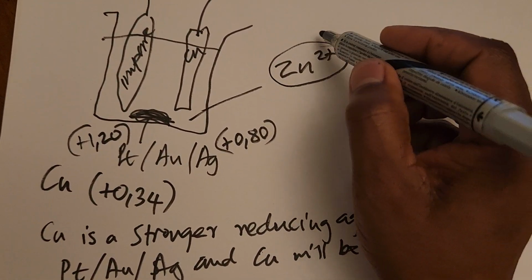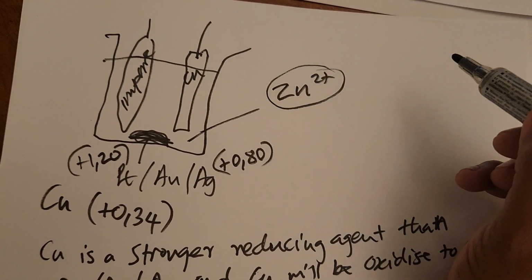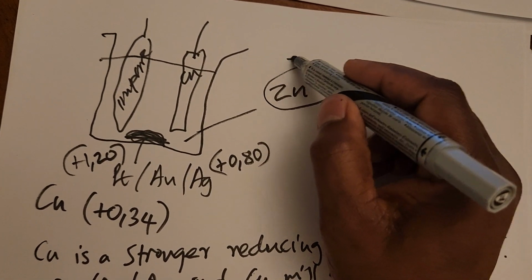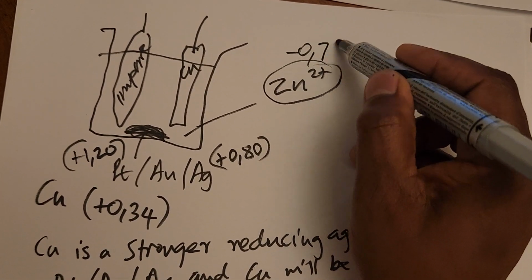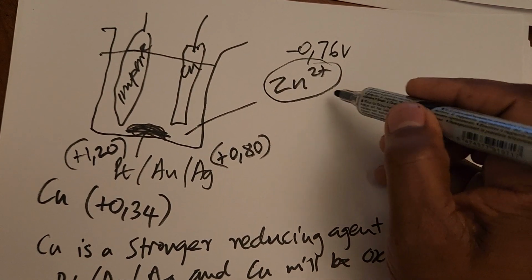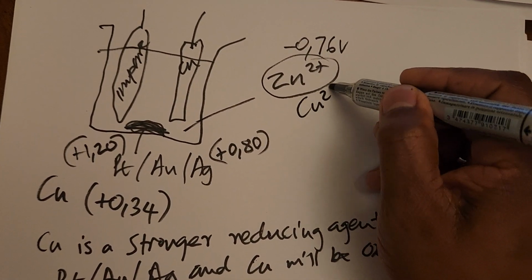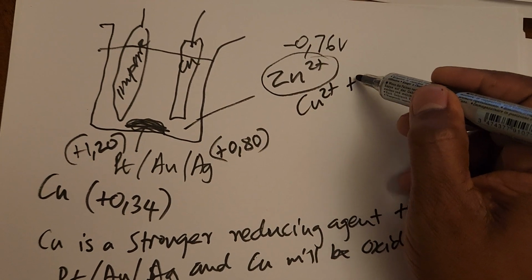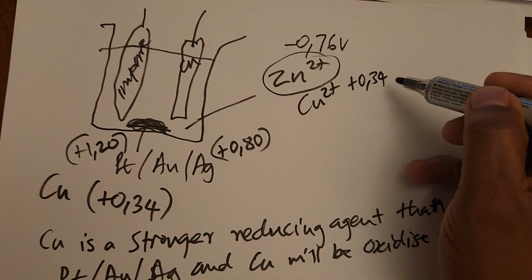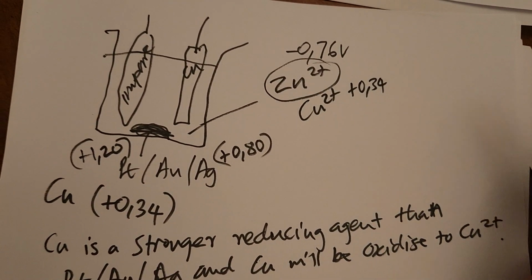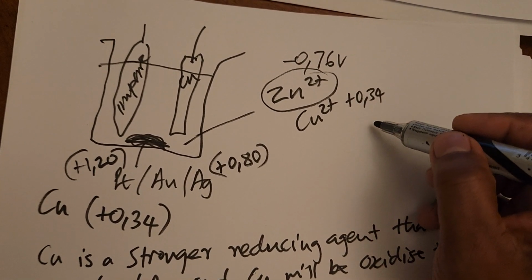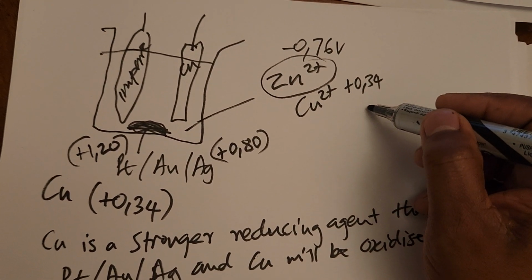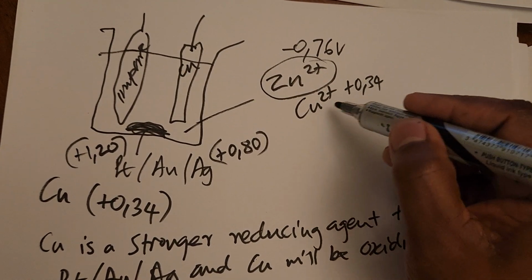Also, we are going to check that the reduction potential of zinc is -0.76, whereas that of copper ions in the solution is positive 0.34.